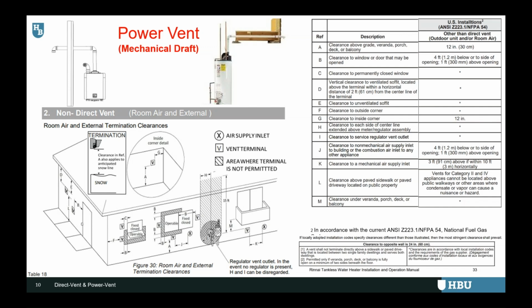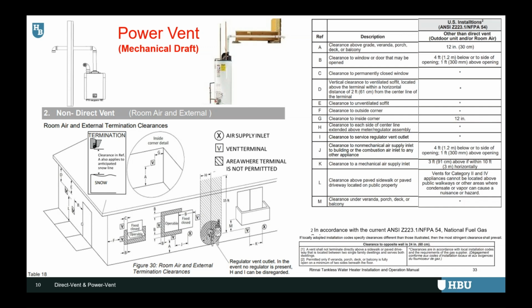Next, and this is a critical one, clearance to a window or door that can be opened. Reference B. For power vent, the code requires a substantial distance here, at least 4 feet below or to the side of any openable window, or a minimum of 1 foot above it.